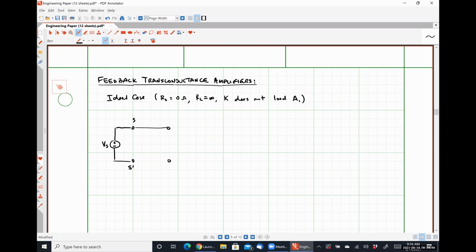These are the input terminals of my open loop amplifier network, characterized by its input impedance Ri. The voltage drop over Ri is the error signal Vi. We could also have some error current I sub i.